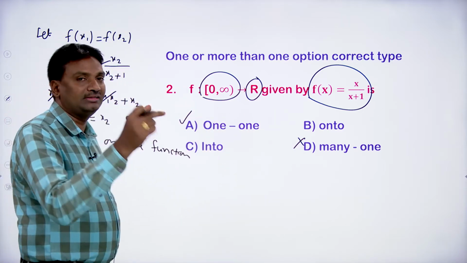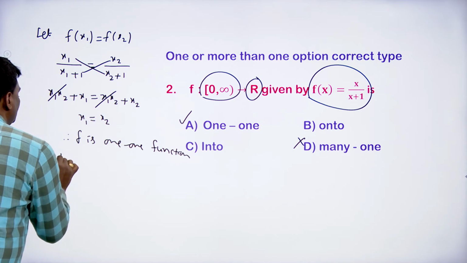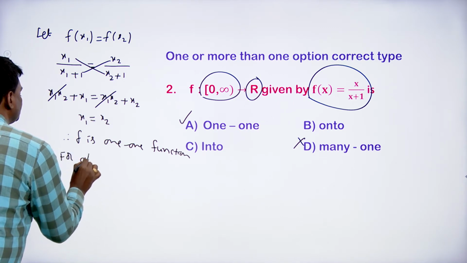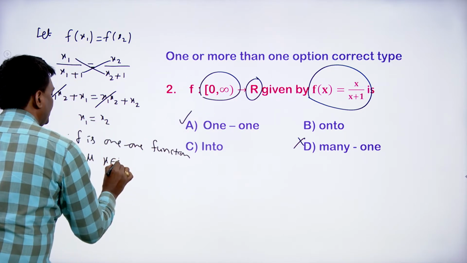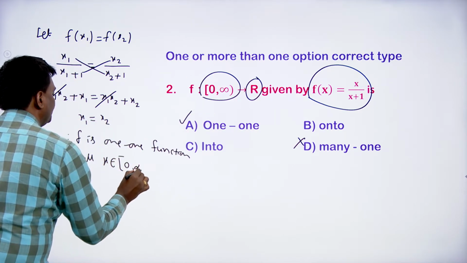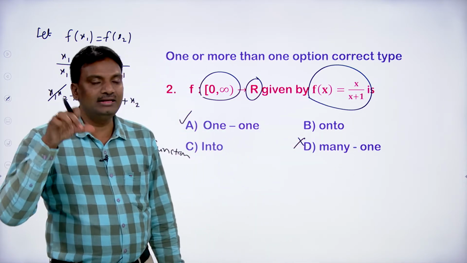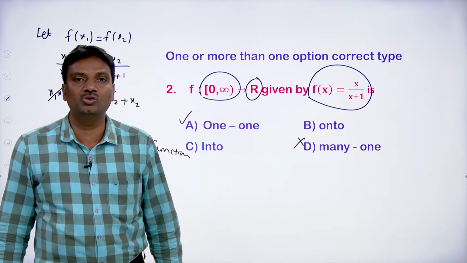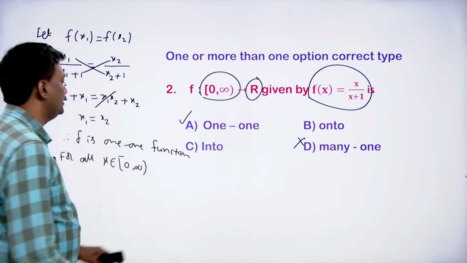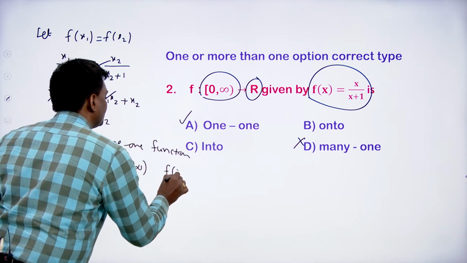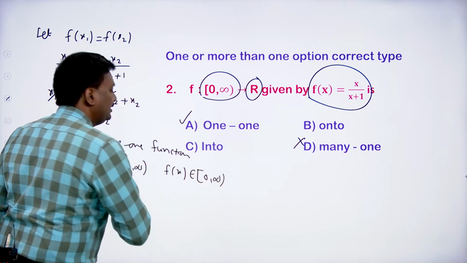So here, to check whether f of x is an onto function or not, for all x belongs to 0, infinity, in place of x we take any real number in the interval 0, infinity. For all x belongs to 0, infinity, f of x also belongs to 0, infinity.